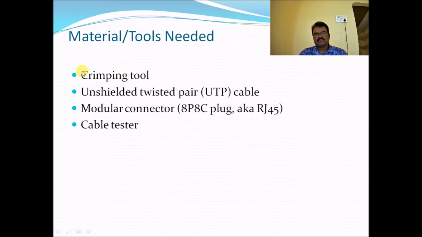So these three are most important. The cable tester is optional, but it helps in testing the cable connectivity, the continuity of the cable. So what are the devices? We will see them once.